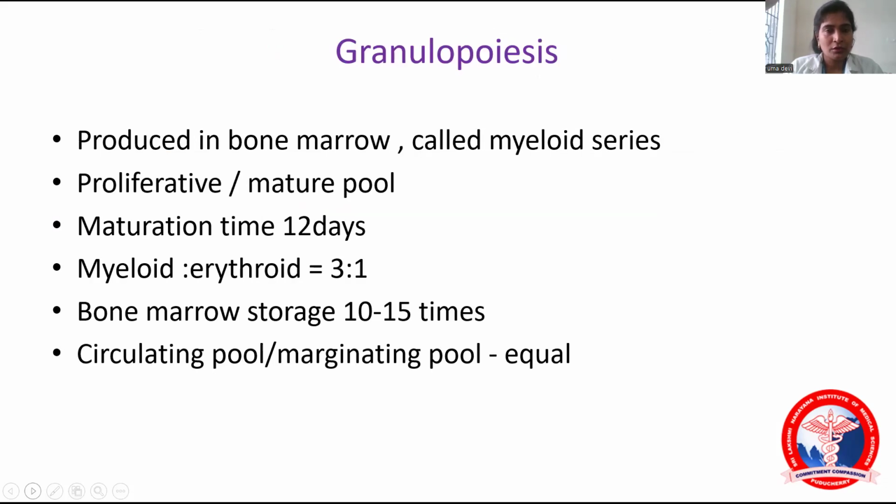So first, production of WBCs is called granulopoiesis. This production takes place in bone marrow, right? The bone marrow is the main site for production, and we know how normal hematopoiesis takes place. All this starts from the pluripotent hematopoietic stem cell.